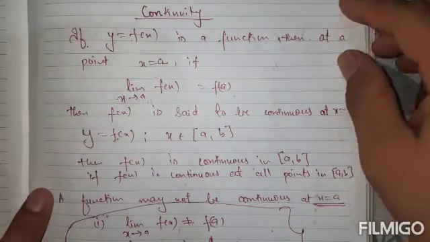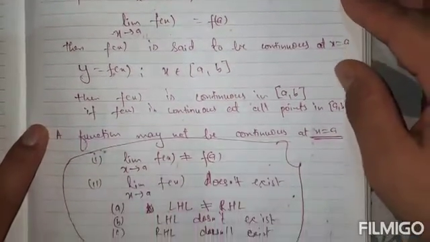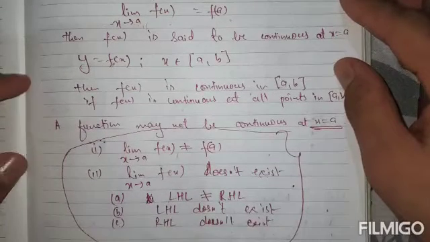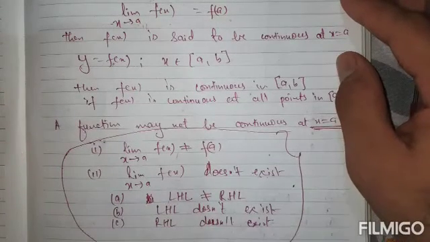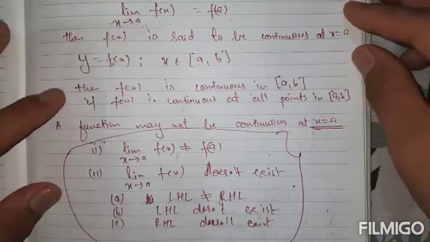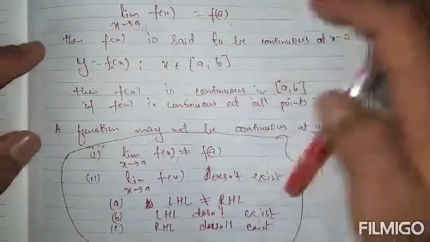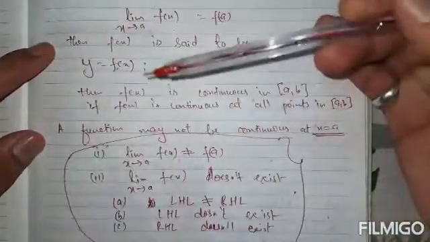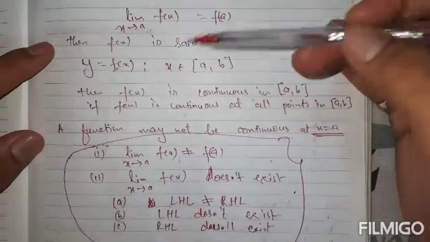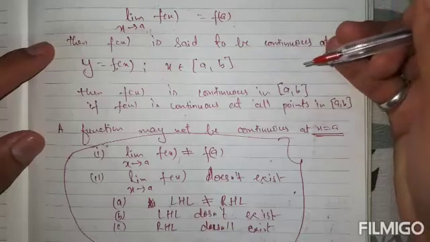Now this is the continuity of a function at a point. See, continuity is a point property, which means we check the continuity of a function at some point only. Now if you want to check the continuity of a function in an interval, when do we say that f(x) is continuous in an interval?